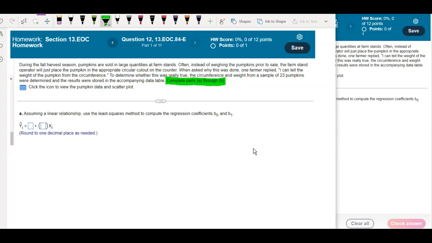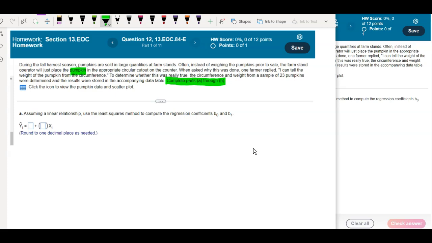So the question in this problem is that a vendor at a farm stand is pretending that it can predict the weight of the pumpkins just by knowing the circumference of the pumpkin.